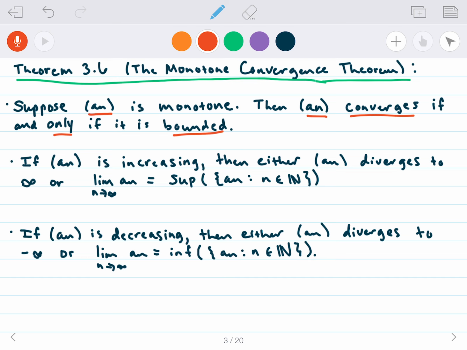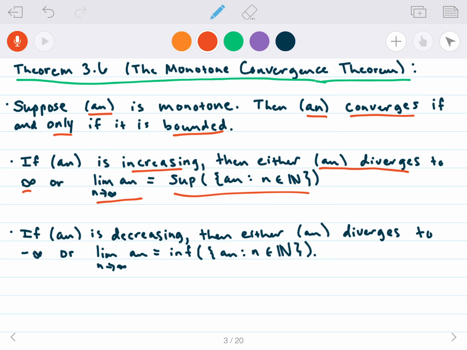Okay? So if a_n is increasing, then if your sequence is unbounded, it's going to diverge to infinity. And if your sequence is bounded, it's going to converge to the supremum of the set of the terms in your sequence.